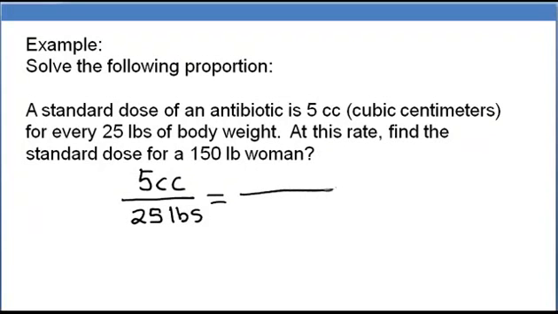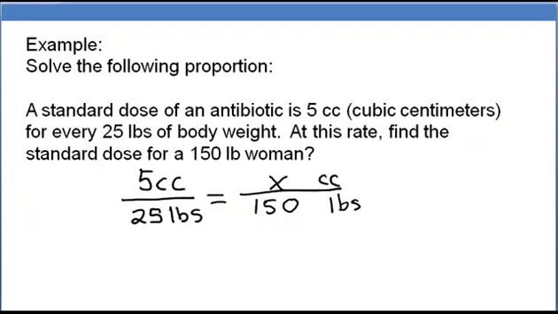And we're going to work at the same rate, and we want the cc's on the numerator to match, pounds on the denominator. At this rate, find the standard dose, so that's going to be the cc's for a 150-pound woman.